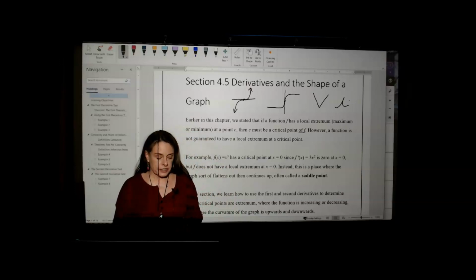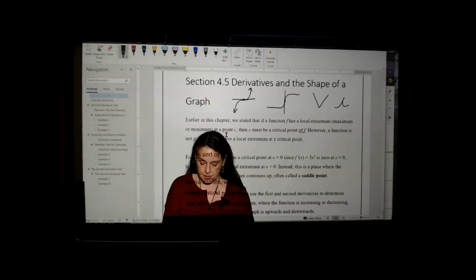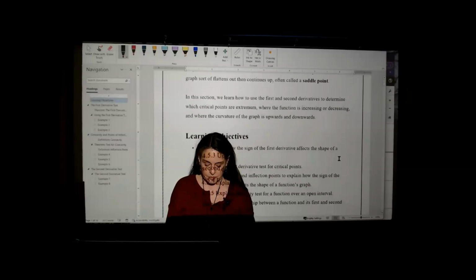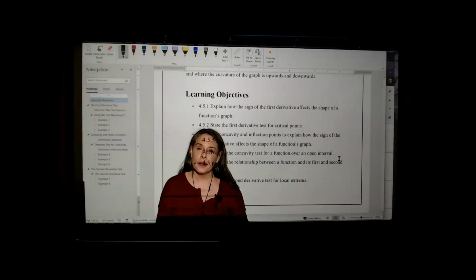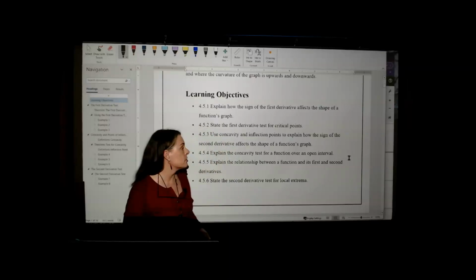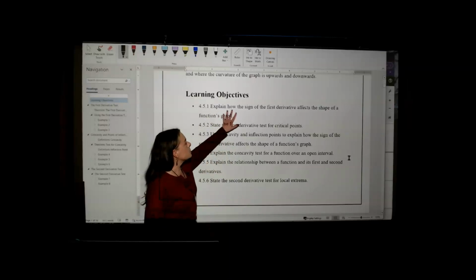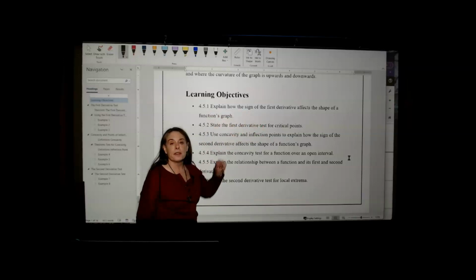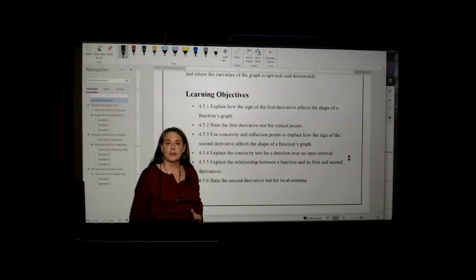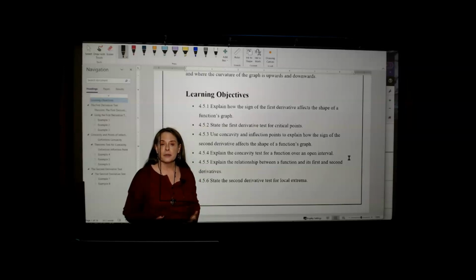Let's now turn our attention to the learning objectives for this section. We have quite a few learning objectives because there's quite a bit to cover in this particular section. We're going to look at how the sign of the first derivative affects the shape of the function's graph. In the last section on the mean value theorem, we found that if the first derivative is positive over an interval, the function is increasing.